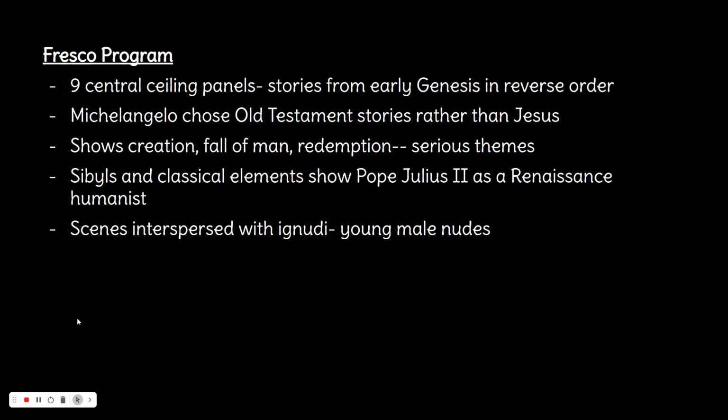We are going to see sibyls, who are classical female figures, and a bunch of classical elements that show Pope Julius II as a Renaissance humanist. So we talked about that with the School of Athens that we just looked at by Raphael, where we have all these ancient philosophers represented on the walls of the Pope's private apartments, and isn't that a little strange that he's chosen classical figures who weren't Christian rather than putting Christian scenes on the walls?